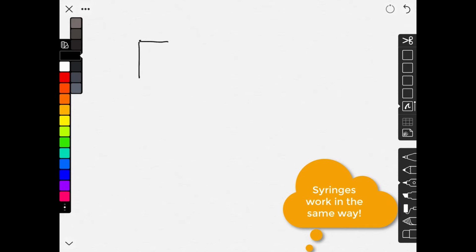If this box was your chest at rest, when you breathe in, your diaphragm pushes downward and your external intercostals pull your ribs outward and upward. So what that means is as you're taking a breath, your chest cavity is going to get larger.